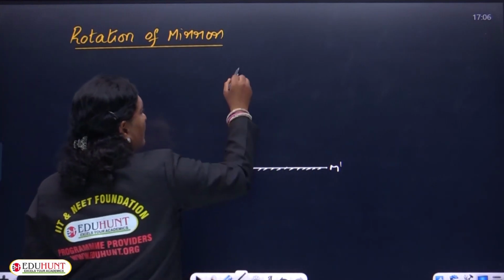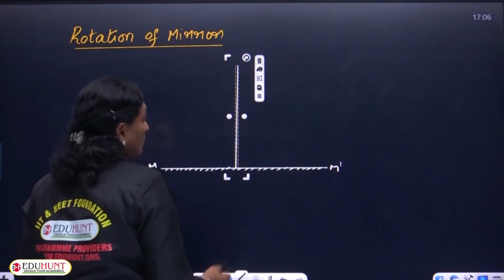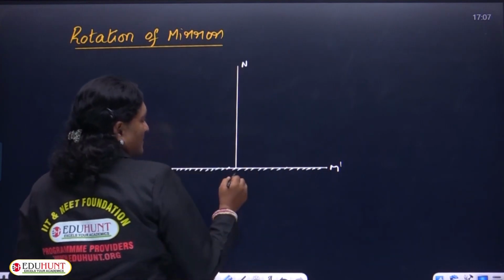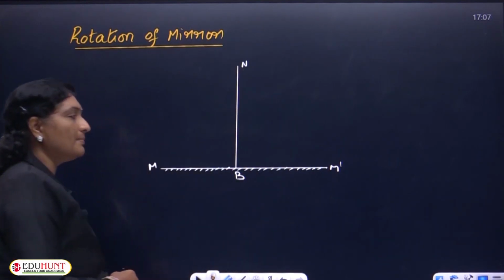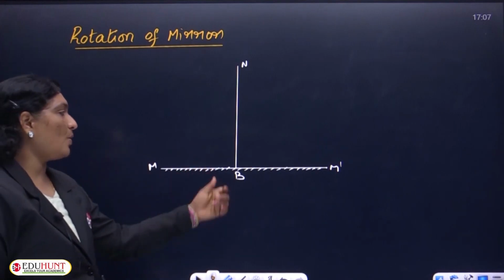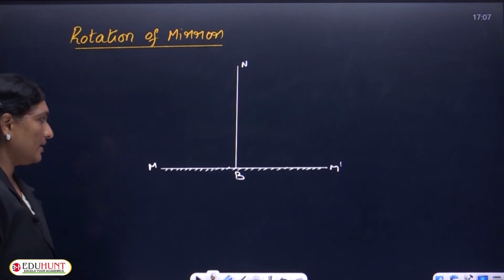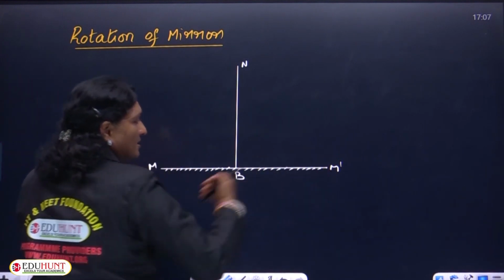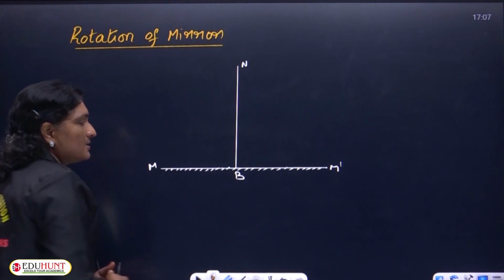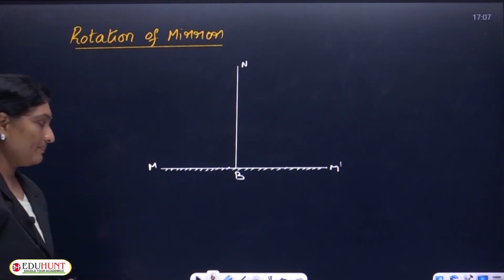Let N be the normal drawn onto this mirror such that the normal meets the mirror M dash at some point, say B. Clearly, M dash is the given mirror and NB is the normal drawn to this mirror.